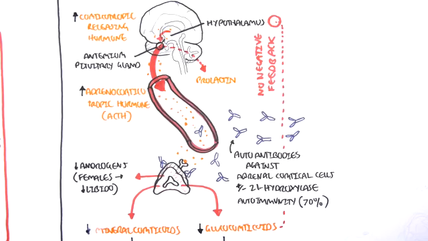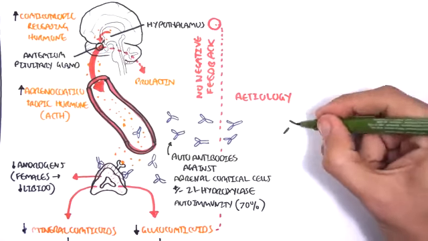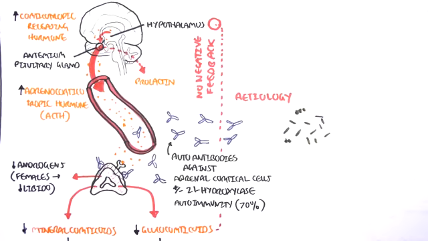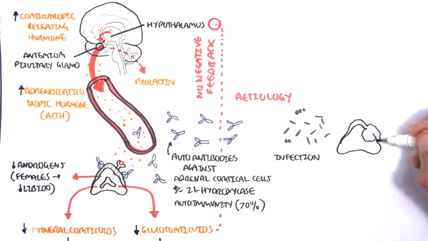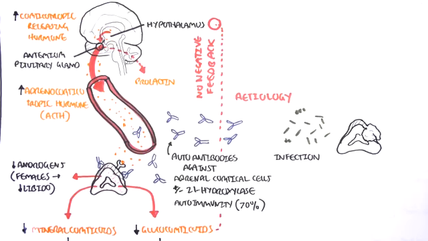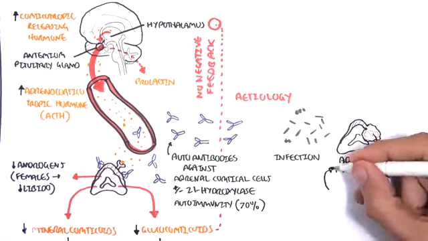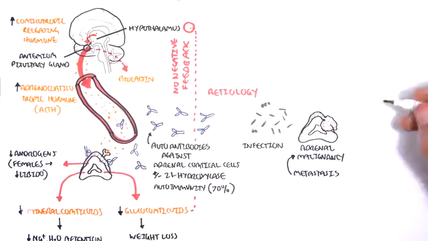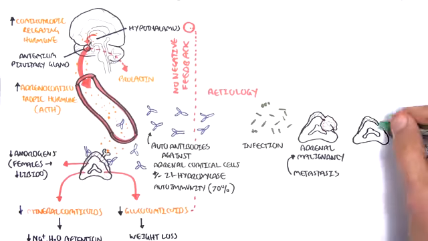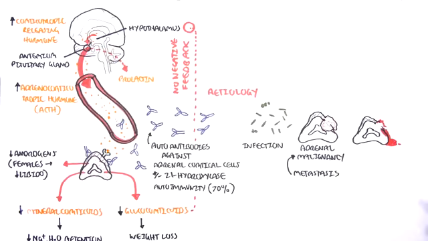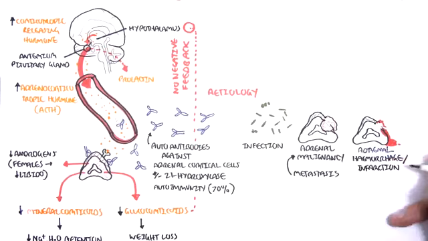As mentioned, autoantibodies against the adrenal cortex and the enzyme 21-hydroxylase account for 70% of Addison's disease cases. However, there are other causes, including infections, adrenal cortex malignancy, secondary malignancy of the adrenal cortex from metastasis elsewhere, such as the lungs, adrenal cortex hemorrhage or infarction.